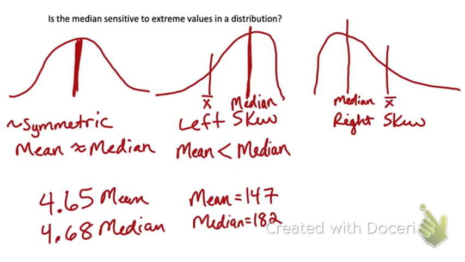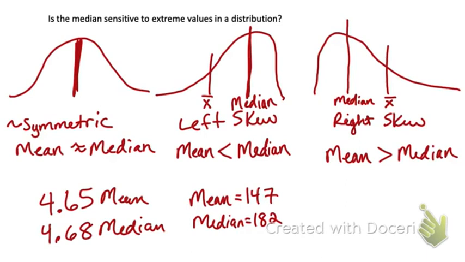How far? I don't know. It depends on what the outliers or the skewed data is. The more the skew, the further out it is, the further the mean is going to go. But in this situation, the mean is numerically larger than the median. So greater than. Yep. The mean is greater than the median.